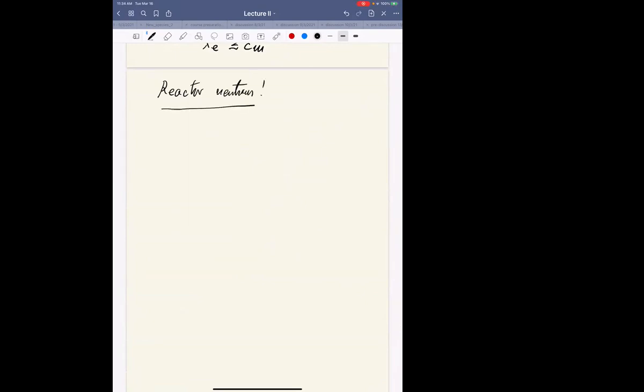This is what Cowan and Reines did. By the way, the idea came already before. The name that will come up from time to time when I speak of neutrinos is Pontecorvo, a great Italian physicist. But Cowan and Reines independently decided to look at the reactor, because you produce a lot of neutrinos here. The flux that they had was about 10 to the 13 neutrinos per centimeter squared per second.